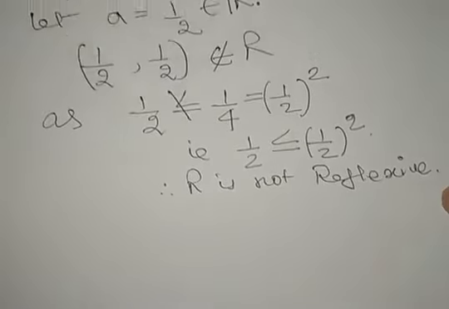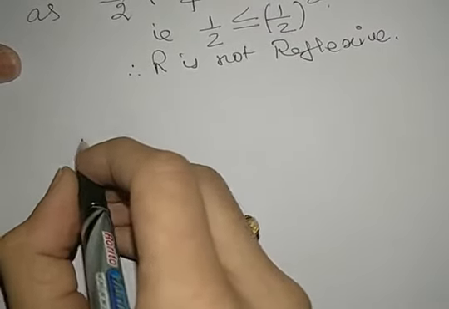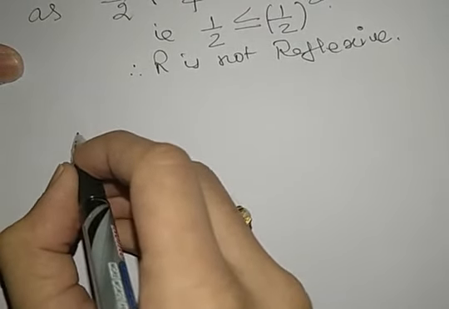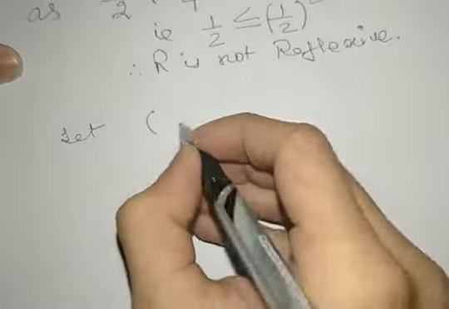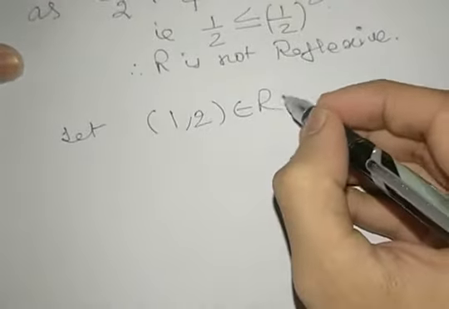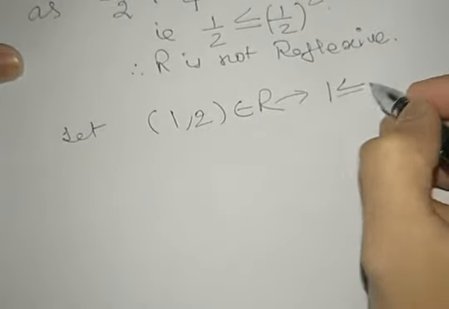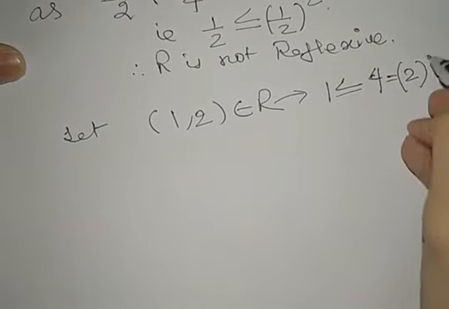Now we have to prove that R is not symmetric also. So again we have to take an example. Let (1, 2) belong to R. This belongs to R because 1 is less than 4, which is 2 square.